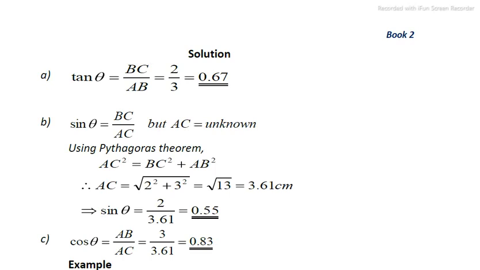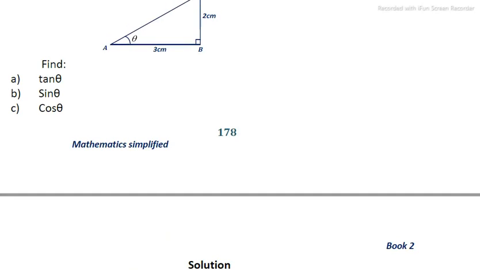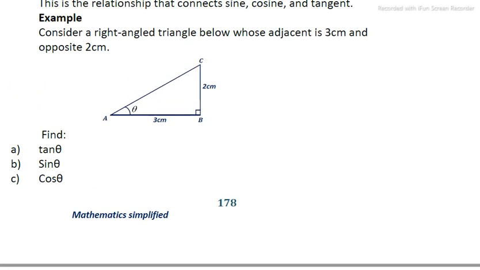We've seen that tan theta is given by opposite over adjacent. So if we look at our triangle, the opposite to the angle theta is 2, and the adjacent is 3.